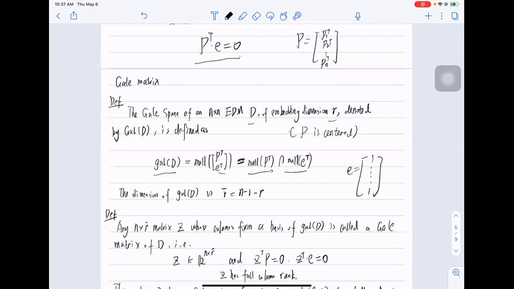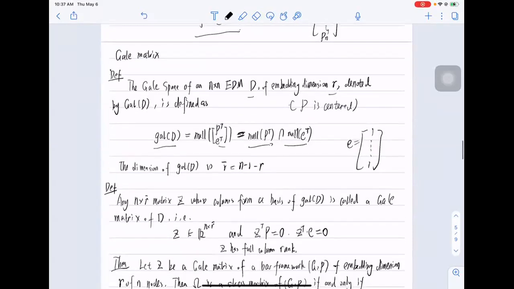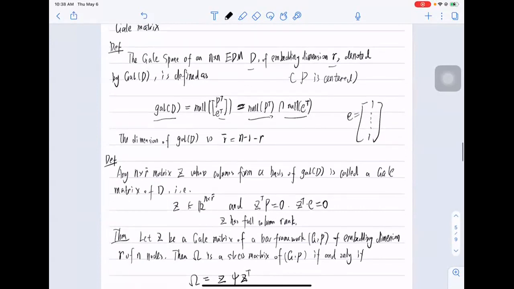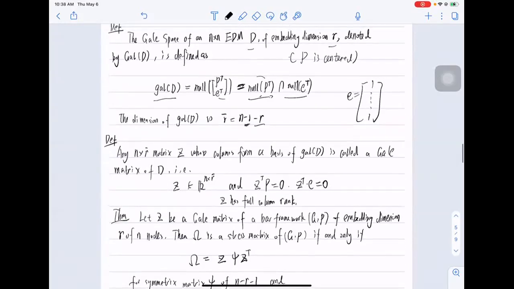So this definition makes sense. The dimension of Gale(D), R bar, is just n minus 1 minus R, right? Minus R is from the null space of P transpose, and minus 1 is from the null space of E transpose. So this is the Gale space.